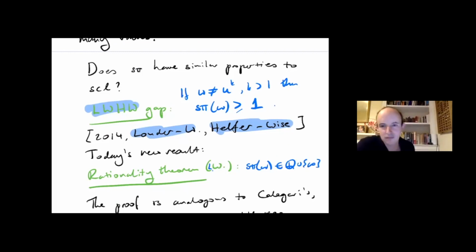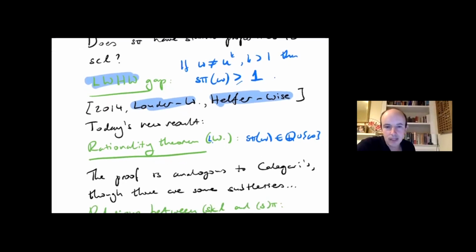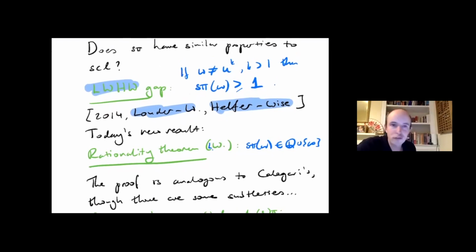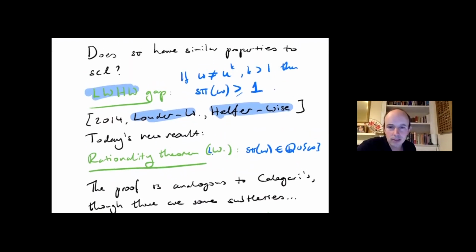So sometimes it's infinity, but otherwise it's a rational number. The proof goes along the same lines as what Calegari does for his rationality theorem. In particular, it proves that this infimum is really a min. So that's my stable primitivity rank, and it has some nice properties.